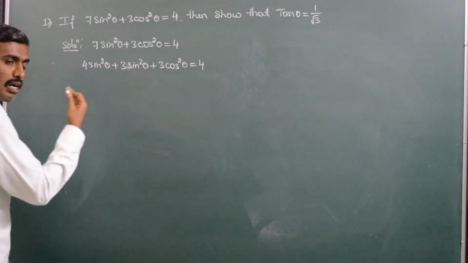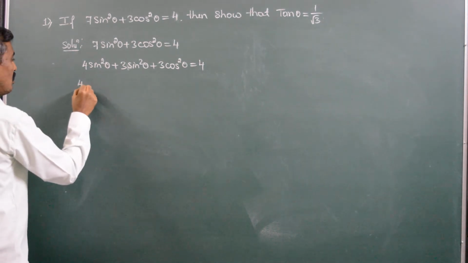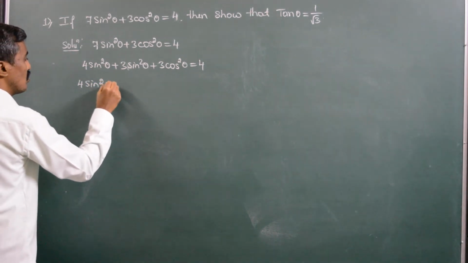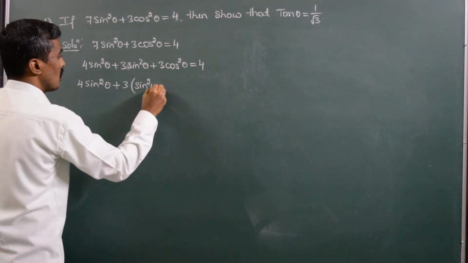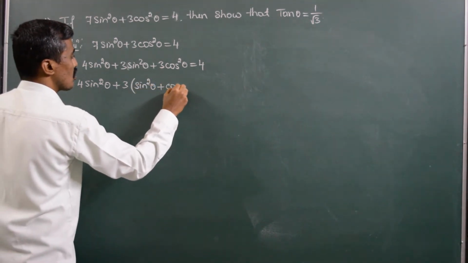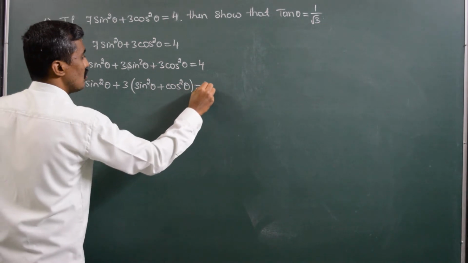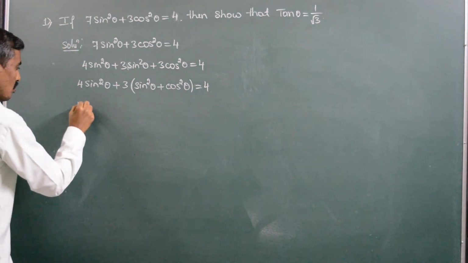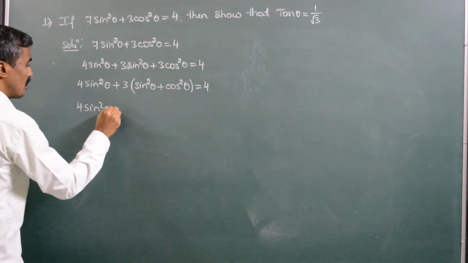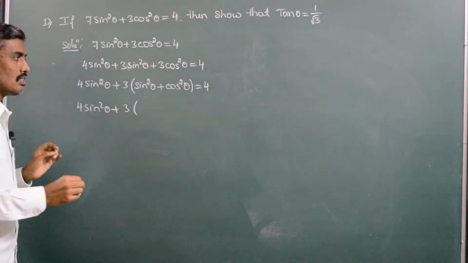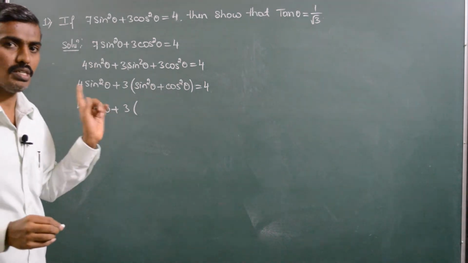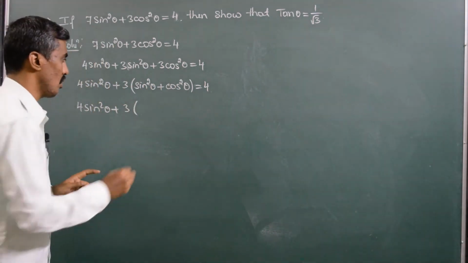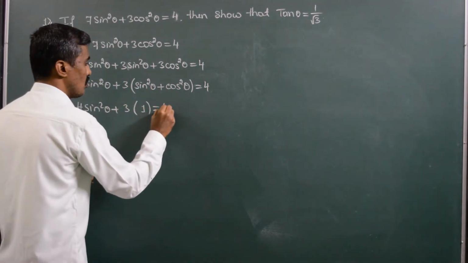Take 3 outside in the next step and keep the remaining terms as they are. 4 sin square theta plus 3 into sin square theta plus cos square theta is equal to 4. What is sin square theta plus cos square theta? This is the first identity: the sum of sin square theta and cos square theta is 1.